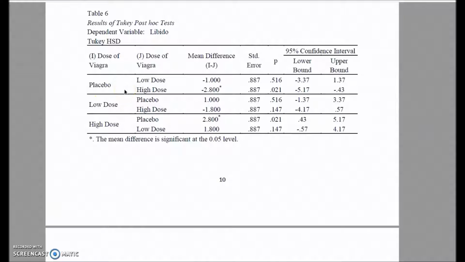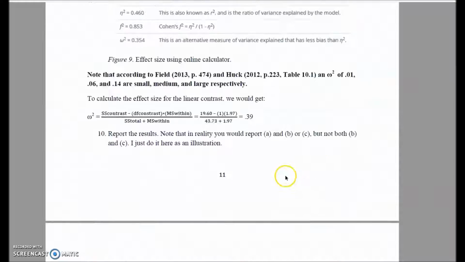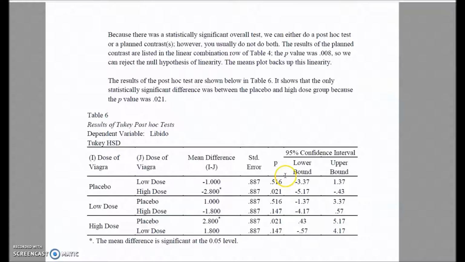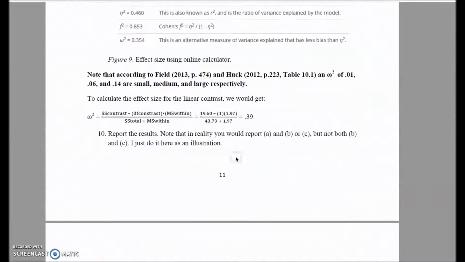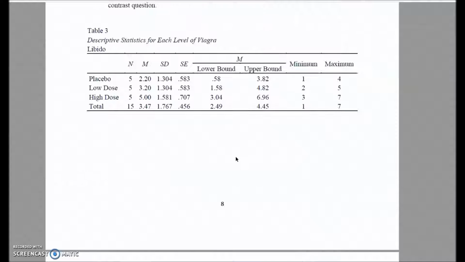What is the mean for this one? What is the confidence interval, lower bound, upper bound? The mean for placebo, wait, these come from the descriptive statistics. Where is that table of mine? Here. So here is the mean. Here is your standard deviation.